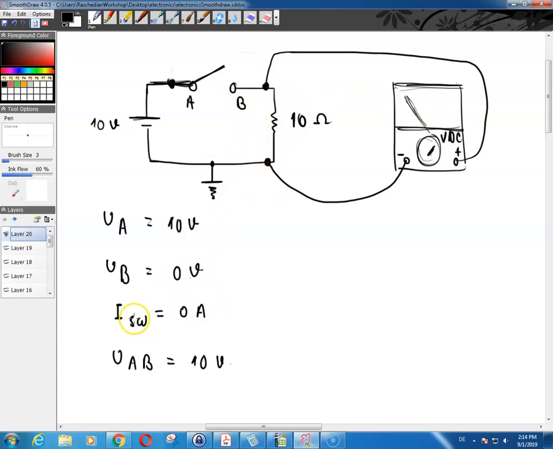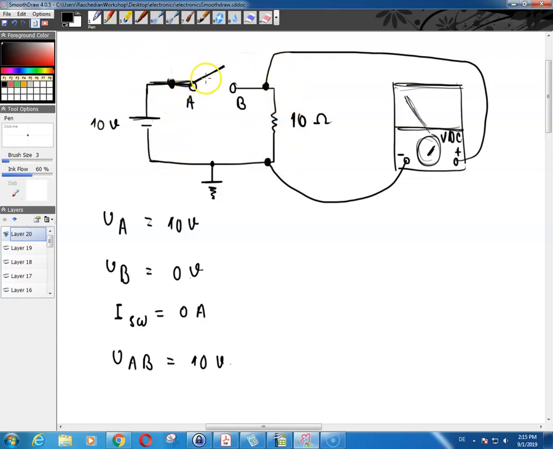Now the current going through the switch is the current going through the circuit, of course, because it's a series circuit. The switch is connected in series with the resistor, in series with the power supply. And then you could say that if the switch was closed, then the load was connected in parallel with the power supply, something like that.